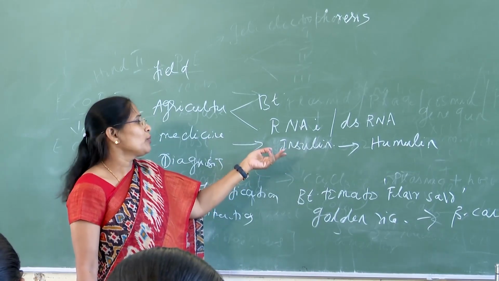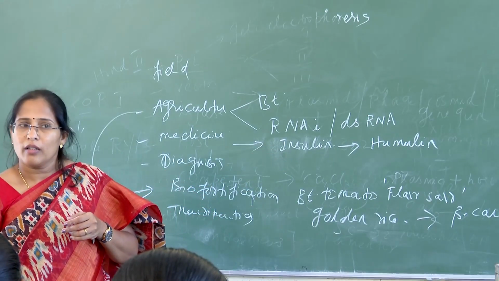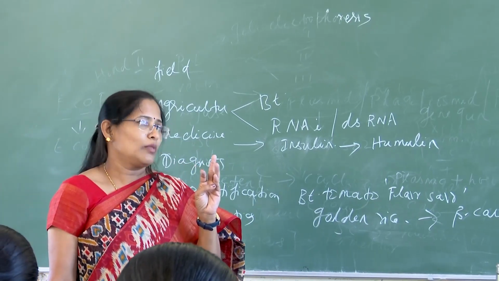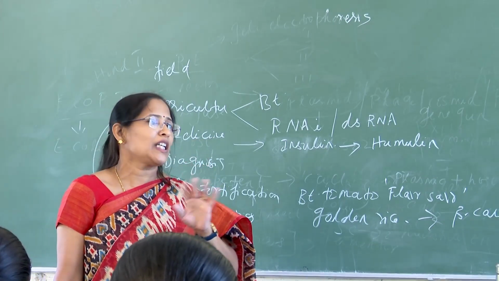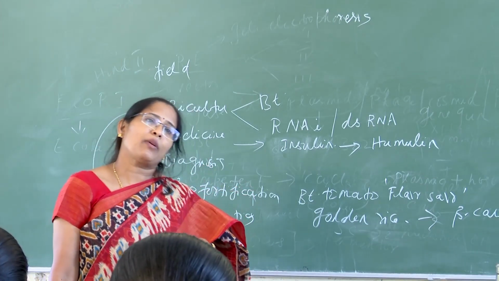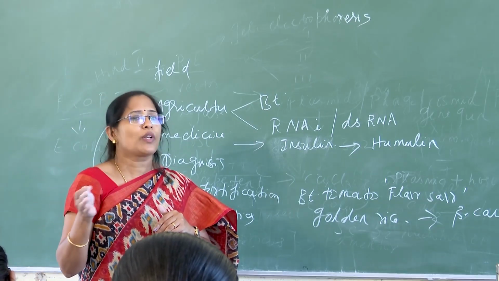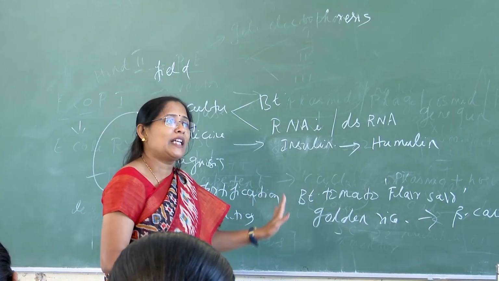But the major problem with insulin development is, how many chains does insulin have? Two chains. Actually, it has A, B and C, 3 chains. But the third chain is not required. Naturally in our body when it is produced, the C chain will be removed during the maturation process. So they were not able to achieve this in recombinant DNA technology.